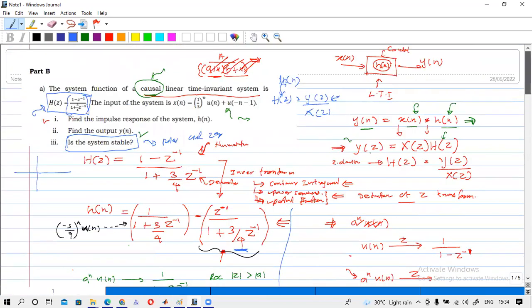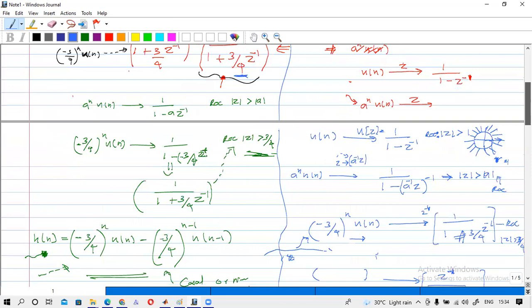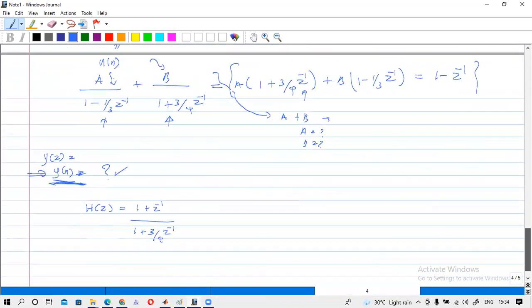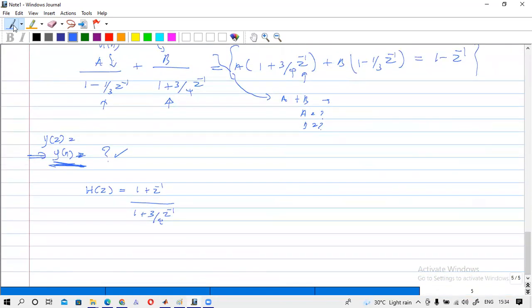1 minus Z minus 1 plus 3 by 4 Z minus. So this will be 1 minus. To find the poles and zeros, I think it is better if you write this like this.